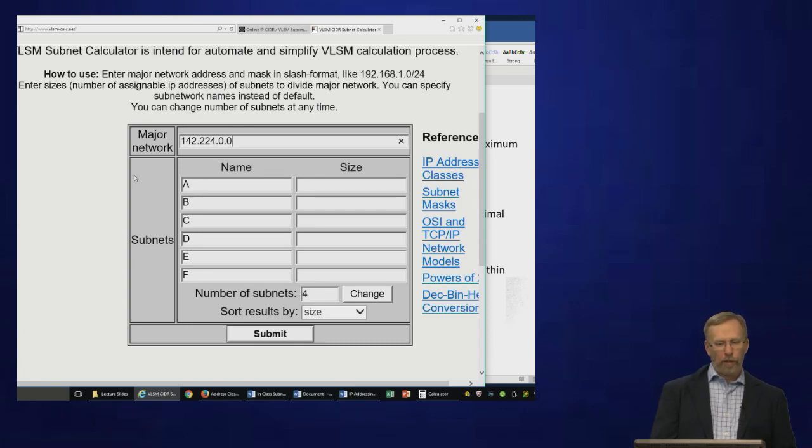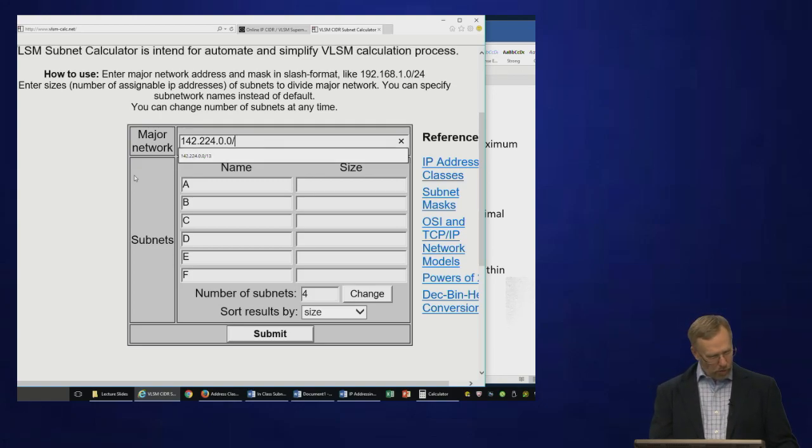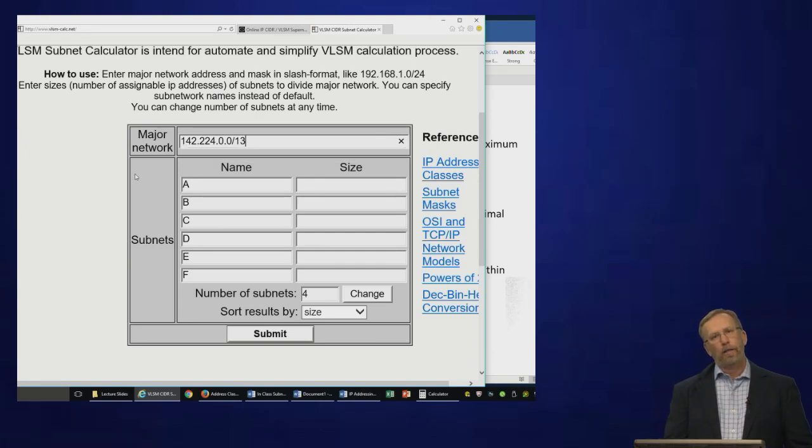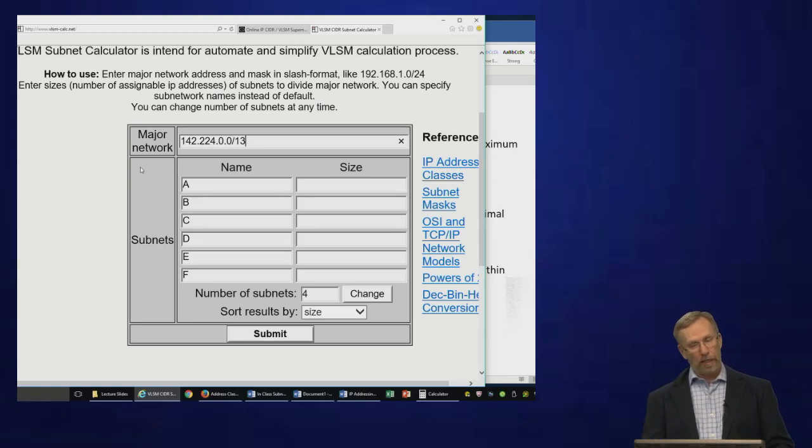So, for example, in this one, I have to put the CIDR notation net mask. But I have to put the unsubnetted net mask, what they call the major network address. So I don't use 15, even though I'm going to end up with 15, I use 13.